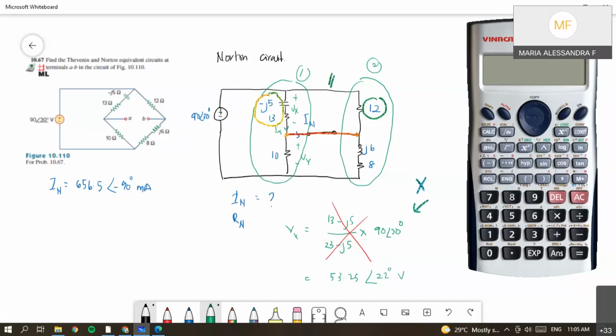Yes, it is 53.26 and 21.23 degrees. 53.26, okay, and then the angle is 21.23. Okay, thank you very much. So this is Vx.